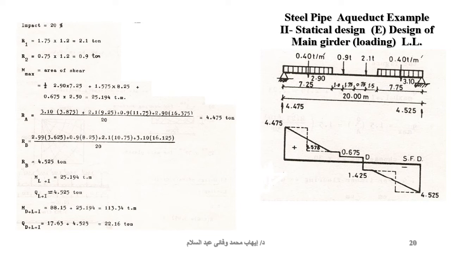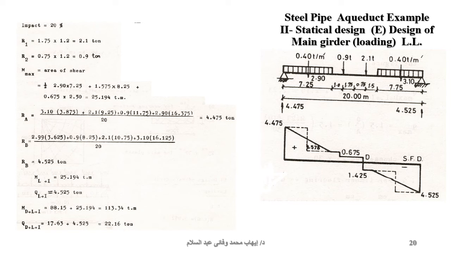M maximum equals 25.194 ton multiply meter. Then we arrive at reactions RA and RB. RA, take care, and RB.